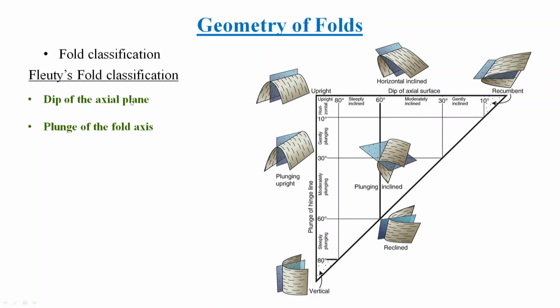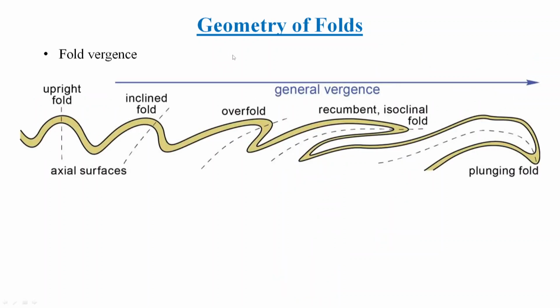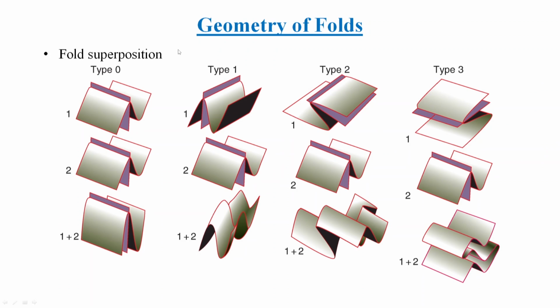So based on the dip of the axial plane and plunge of the fold axis, we can categorize folds based on fold vergence as well, in general in which direction the fold is propagating: upright, inclined, overturned, recumbent and plunging folds. Folds can be classified like this based on fold vergence.